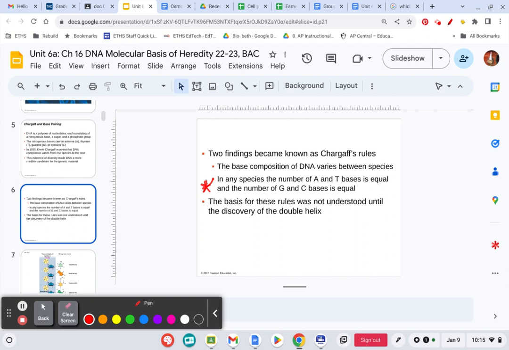And the number of cytosine molecules always equaled the number of guanine molecules. At this point, they didn't really understand why that was. But they knew that if they had this much cytosine, they were going to find this much guanine. Right? If it's 20% guanine, it was 20% cytosine. If it was 40% adenine, it would be 40% thymine. Okay, it always matched.